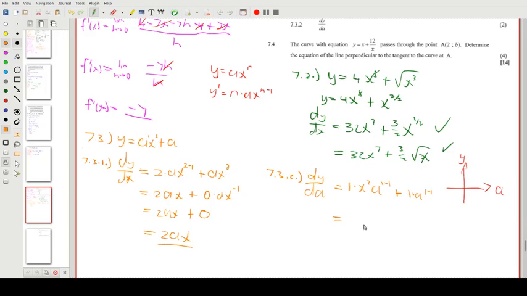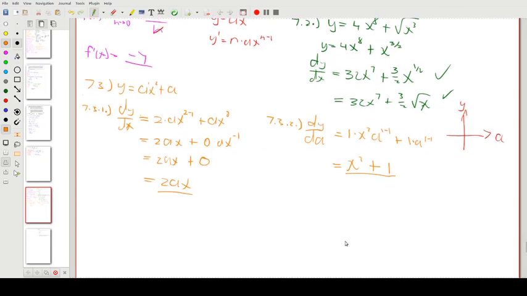Okay, so that's just doing all the steps. So 1 times x squared is x squared, and a to the power 0 is just 1, so we don't have to write anything there. Same here, we've got 1 times, and a to the power 0 is 1. So that's our final answer.